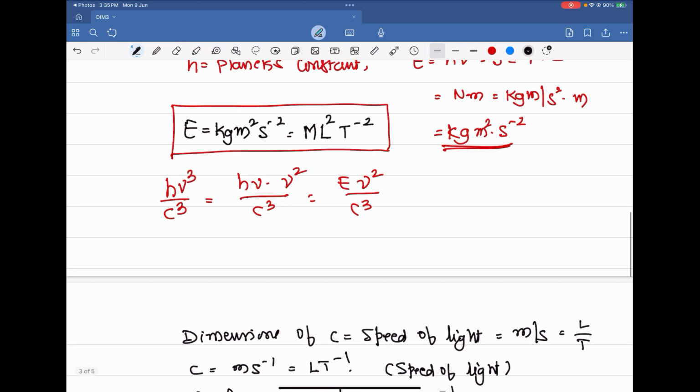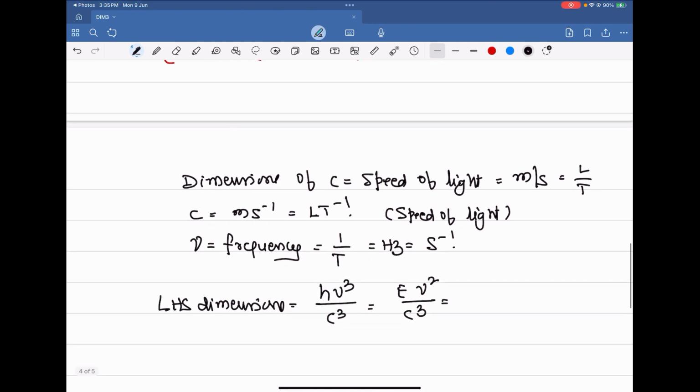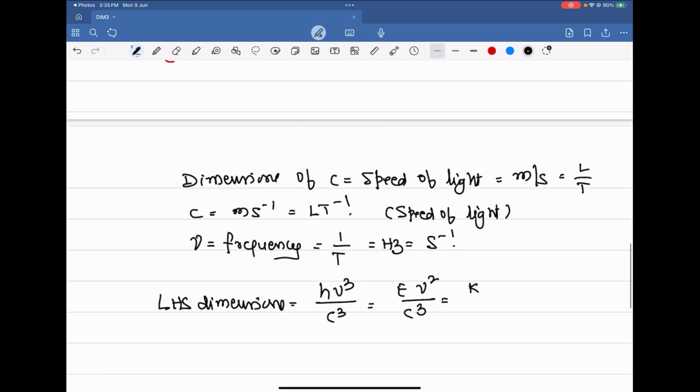Joules is nothing but kg meter square second to the power of minus 2. And what is the value of nu square?